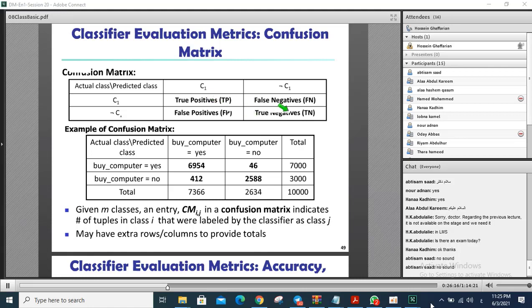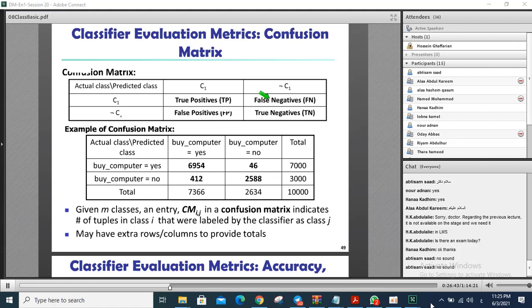So here we have four different cases. In this confusion matrix, we have such records: true positive, true negative, false positive, and false negative.